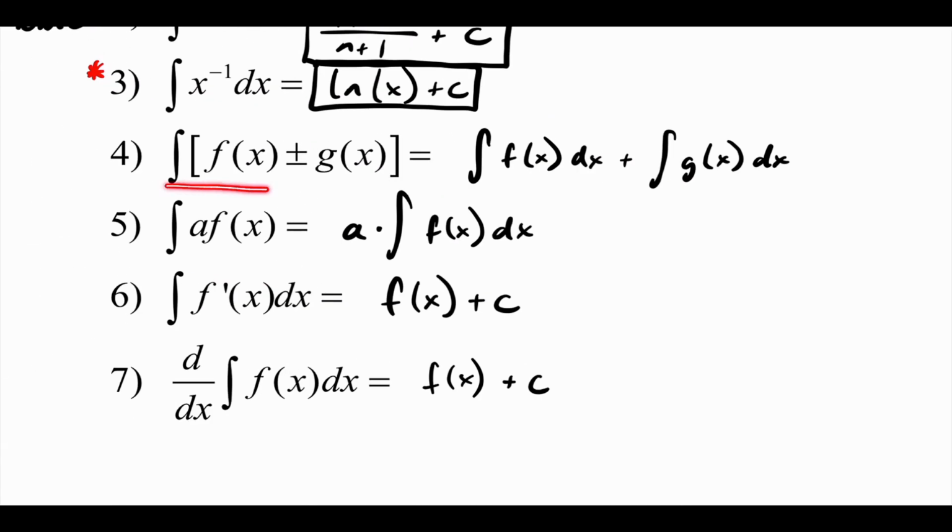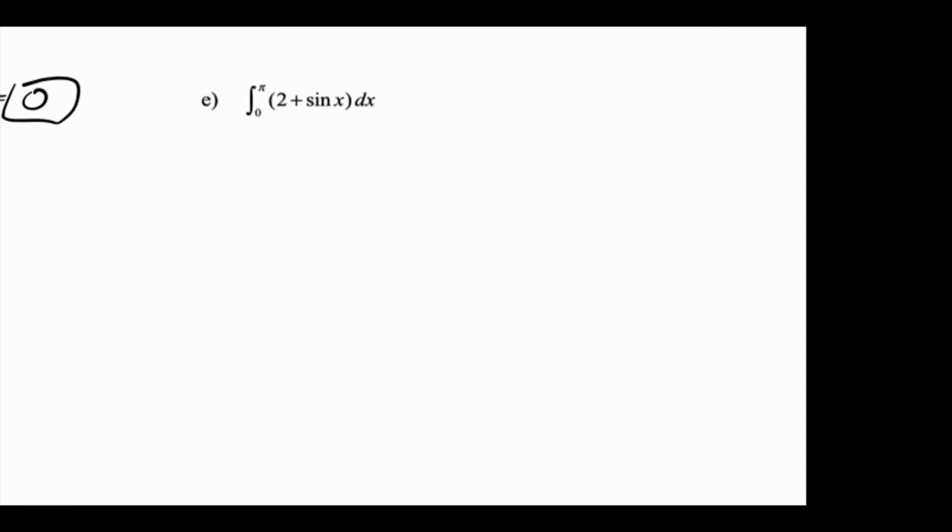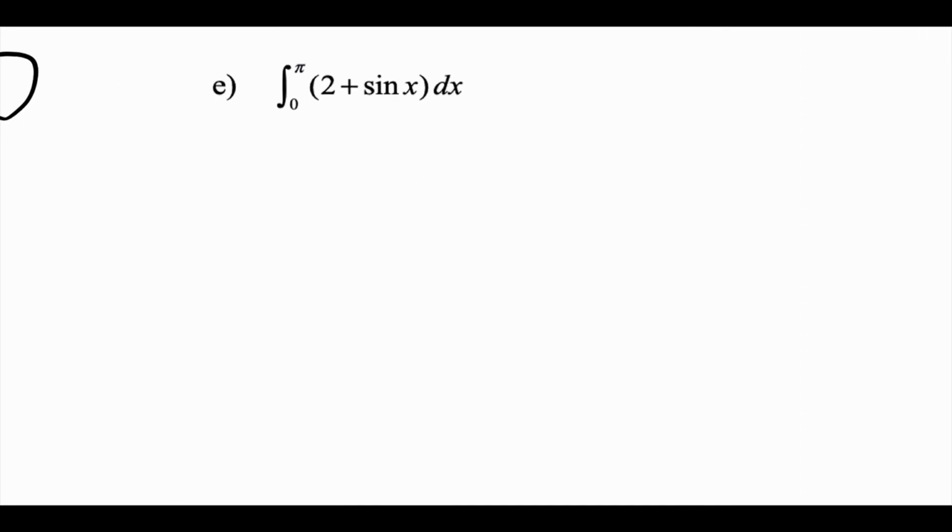We'll talk more about this next week too, but if you're adding or subtracting 2 things, you can give them each their own problem and break it up into 2 smaller problems. That's what I'm going to do here. So I'm going to give that one a problem, and I'm going to give this one a problem.